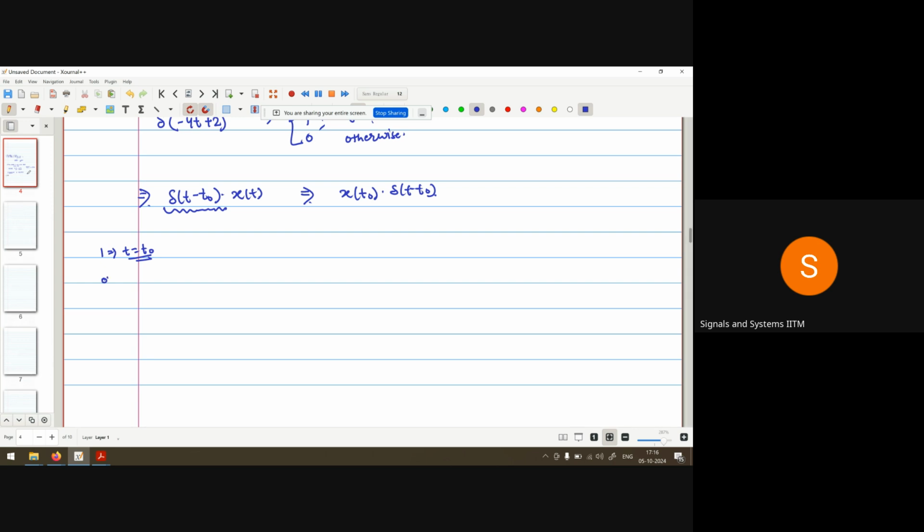And when 0 multiplies with x t, the complete signal becomes 0.